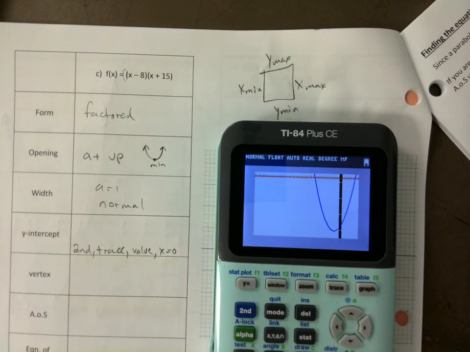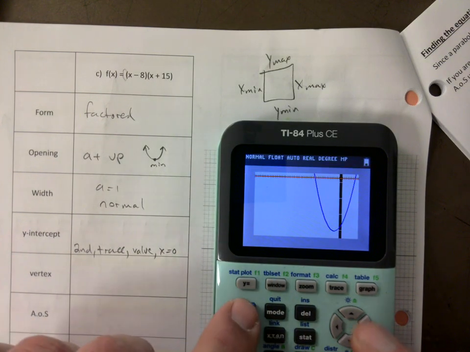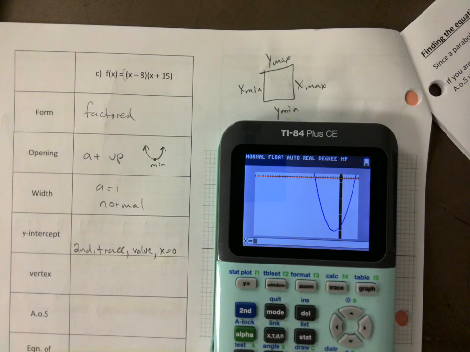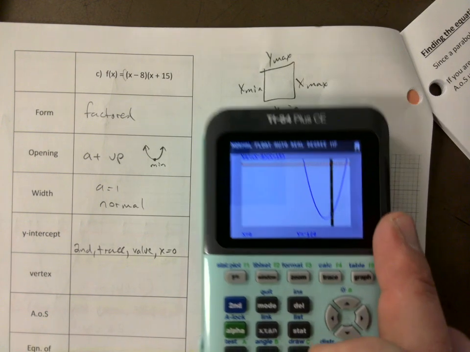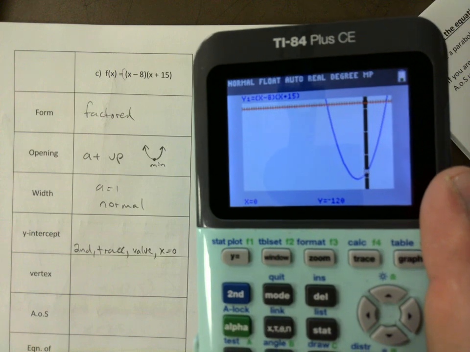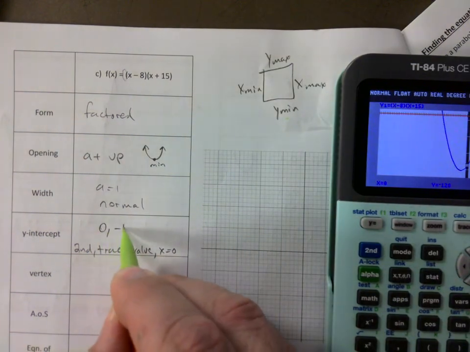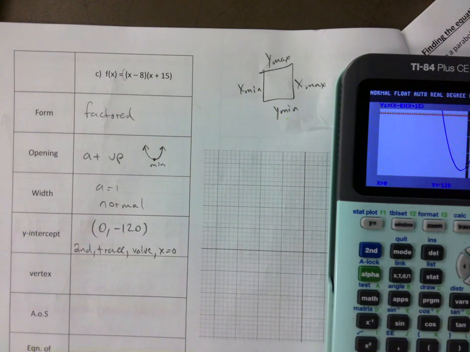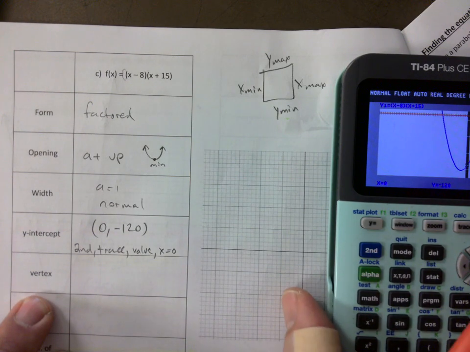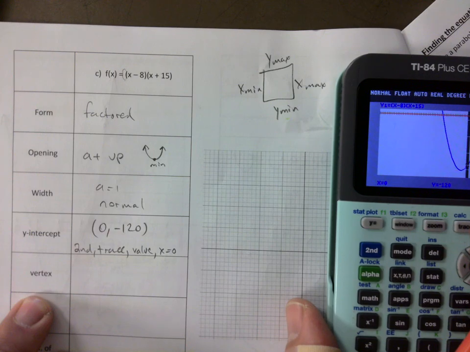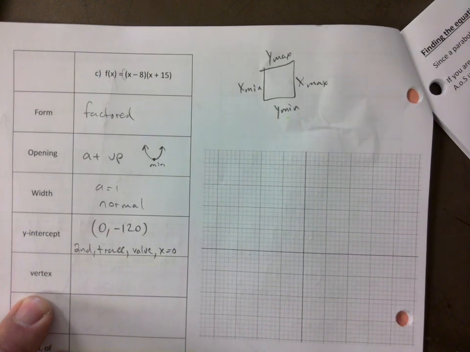Hit graph. So now we find our y-intercept. Second trace value, x is equal to 0. Look at that. My y-intercept is negative 120, okay? So that means it's 0, negative 120. So it's way down there. You don't have to show that if you like anything on general. Then that's your work.